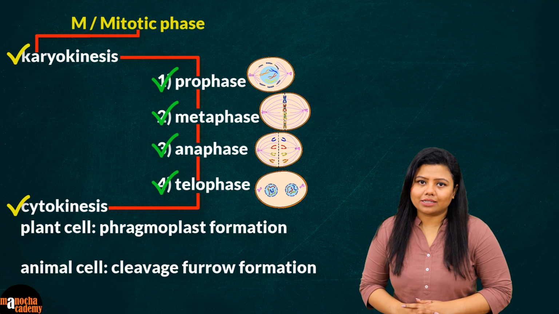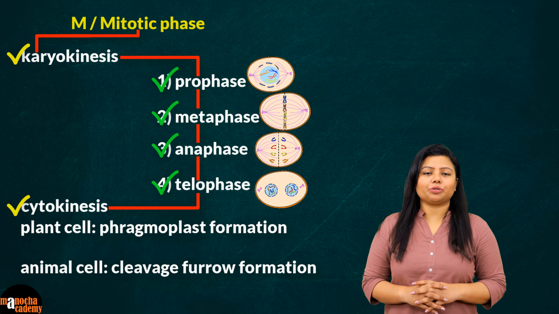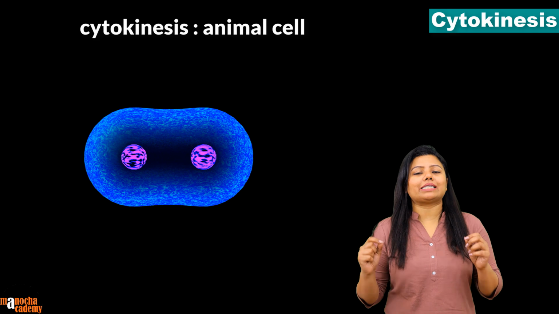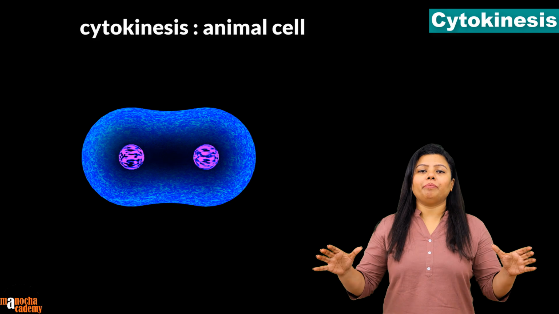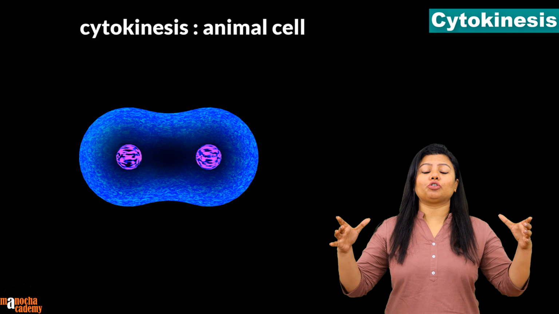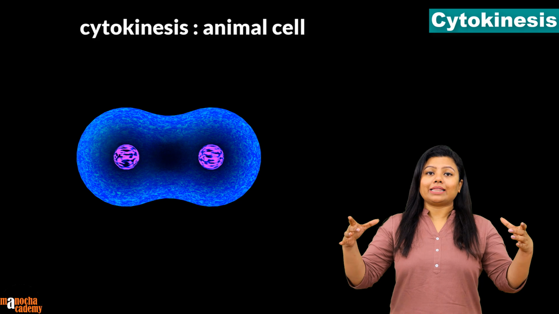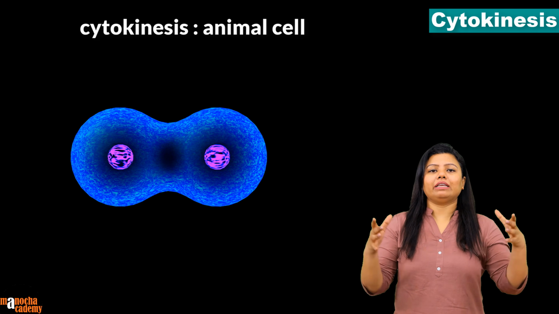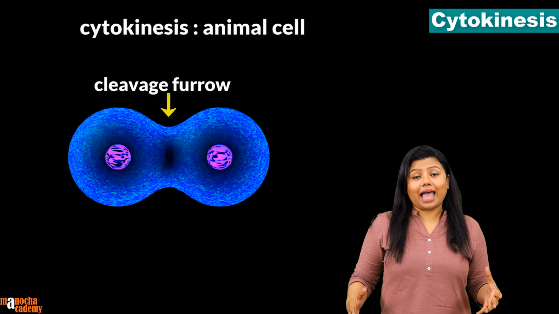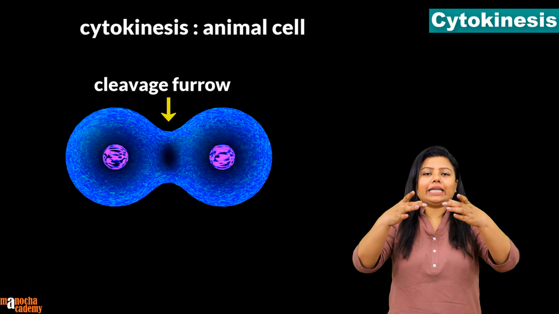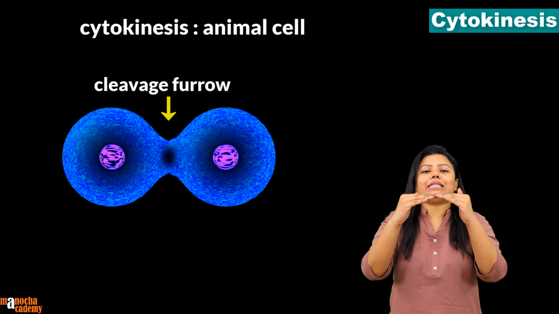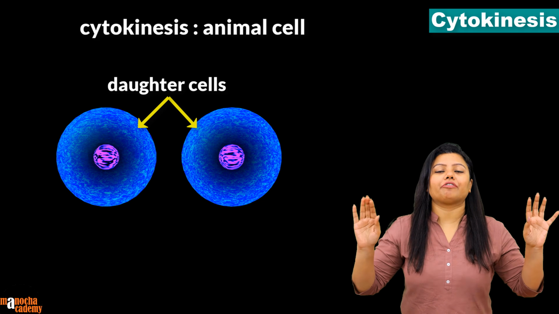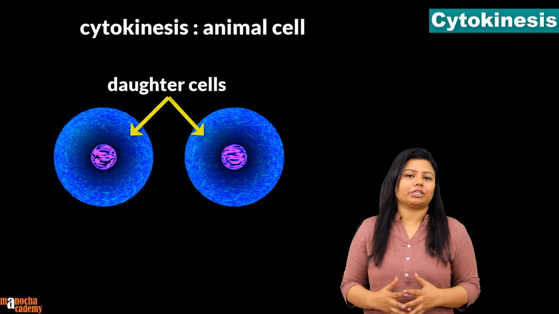In animal cells, during cytokinesis, we see that a small invagination of the flexible cell membrane appears from the region which was supposed to be the equatorial region, that is halfway in between the two daughter nuclei. Now this cleavage looks something like this, and it goes on increasing in its depth till it meets at the center, as a result of which the two cells separate from each other and they have formed two daughter cells.